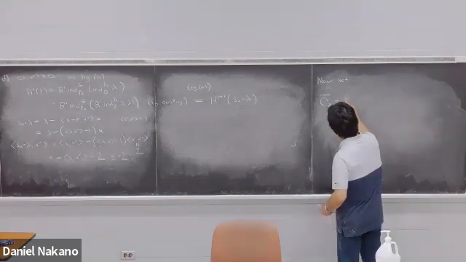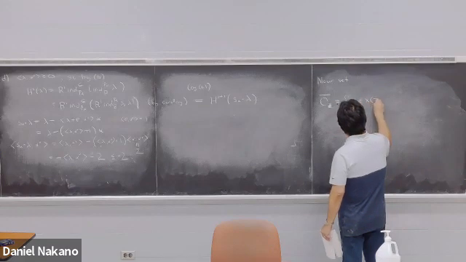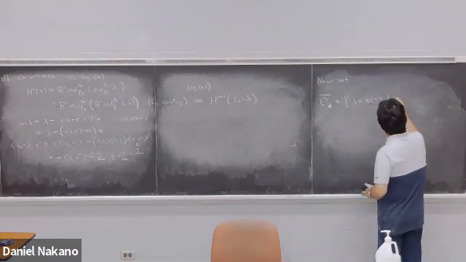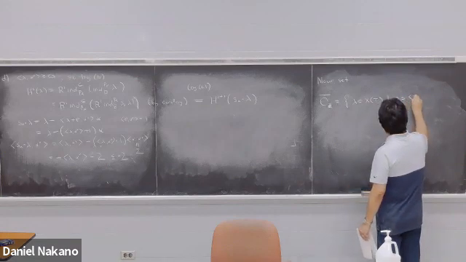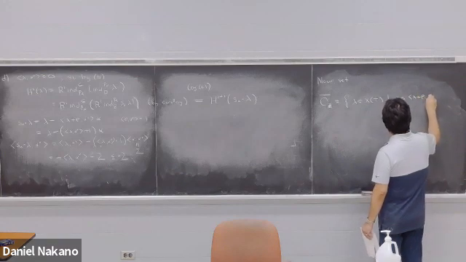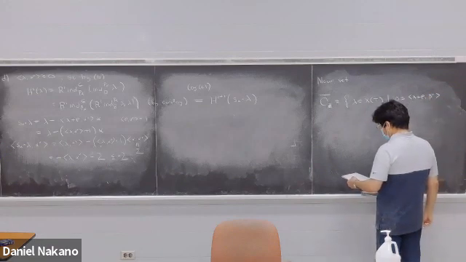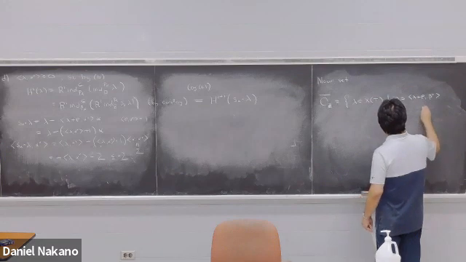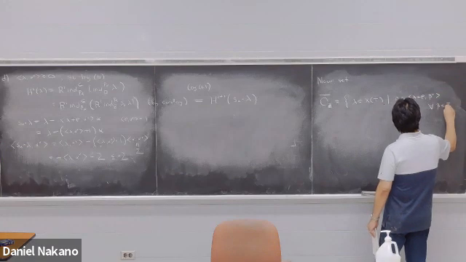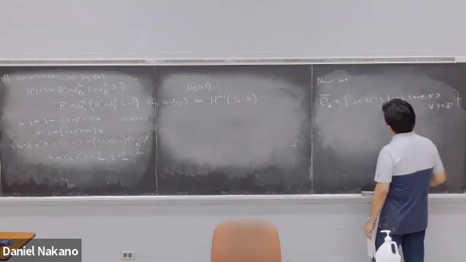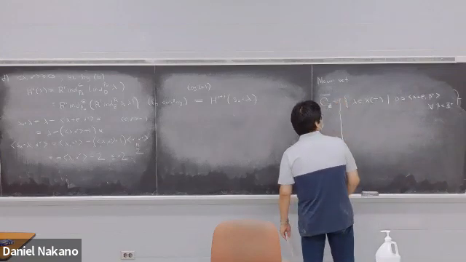All right, so let me tell you what C_Z bar is. This is going to be the set of all weights where these weights, when I translate up by rho, beta check, for all beta in phi plus. So there are two definitions.